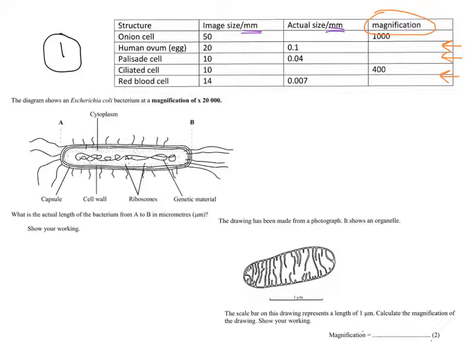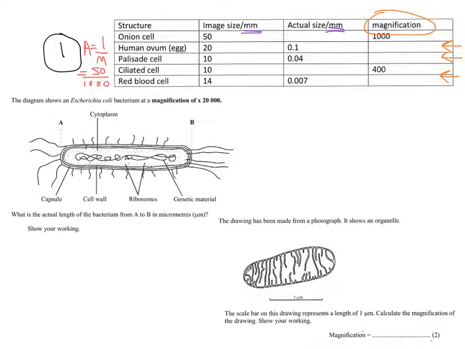So if we do an example formula for this one, we want A, which is actual. If you remember from our little triangle or from our formula, that was image over magnification. Image is 50, magnification is 1000.